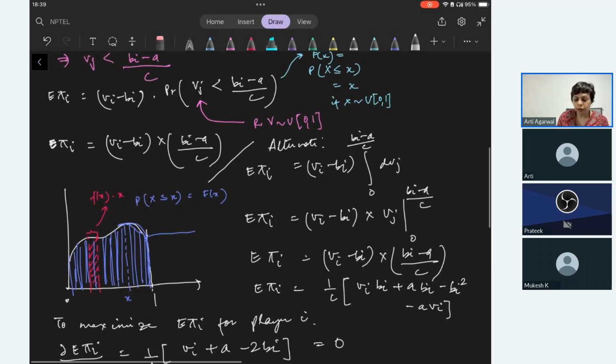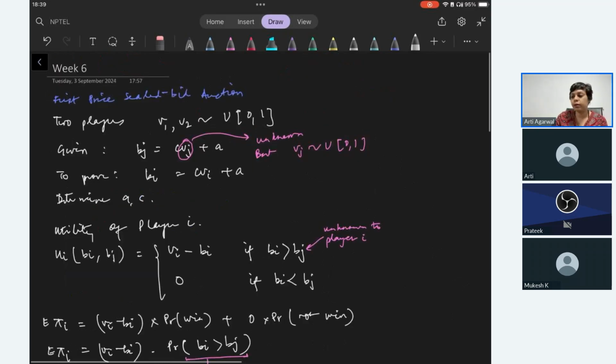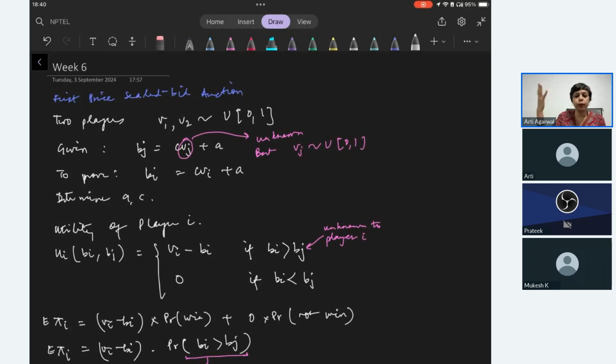If I'm bidding in an auction and that person is completely unknown to me, all I know is that his valuation lies in some interval, which we have normalized to 0, 1. It's not going to be less than some value and not more than some value. But I don't know within that range what it's going to be. That means I'm playing against players of infinite types.